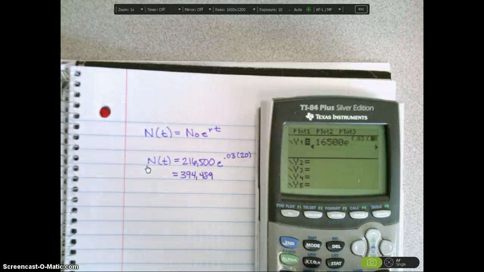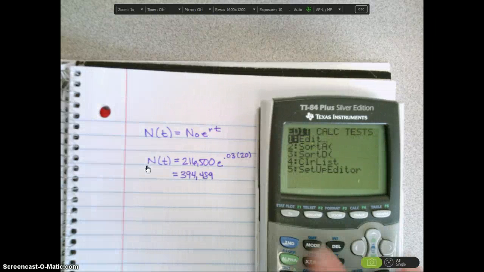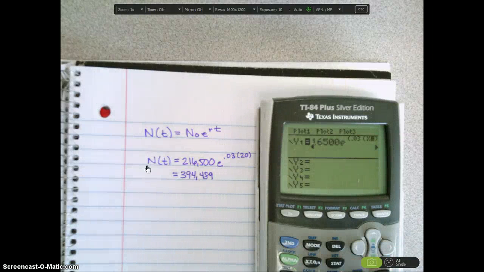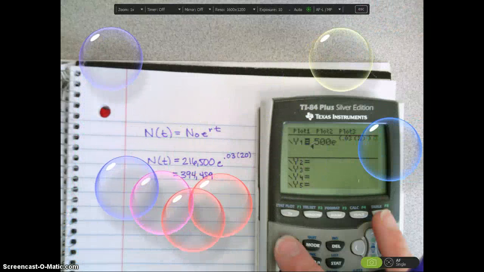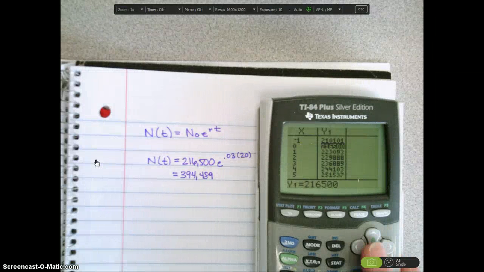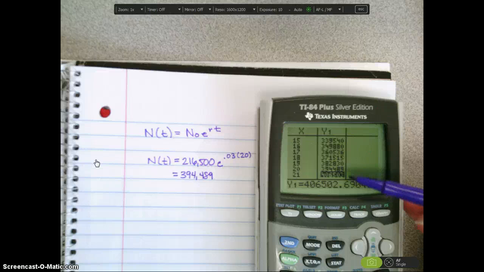I shouldn't type in 20. I want to type in x because I want it to represent any year. So I want that exponent to be x. Now if I do second graph, it gives me a list of values. So I saw in the starting year, there were 216,500 people. The year after that, the year after that, the year after that. And I can keep seeing how it grows. So if I asked, well, when is it going to be 400,000 people, I just keep arrowing down, and I found out that between the 21st and 22nd year, I get up there.